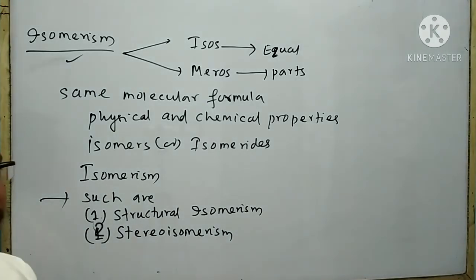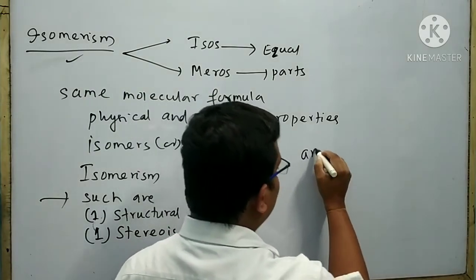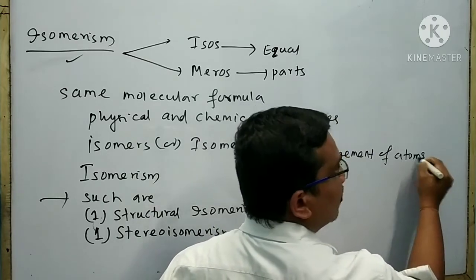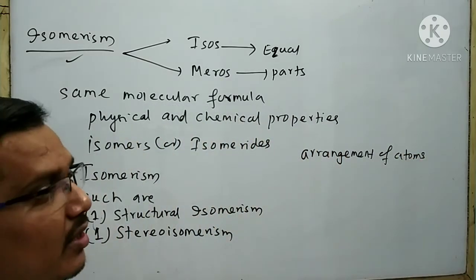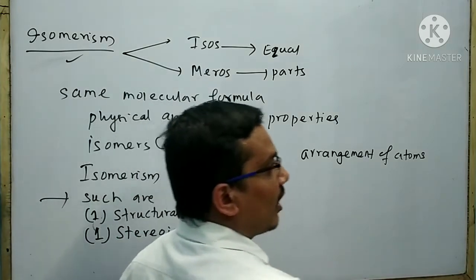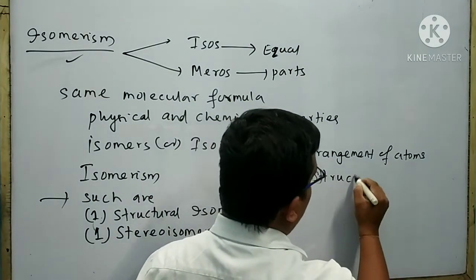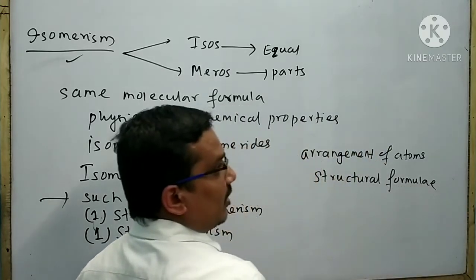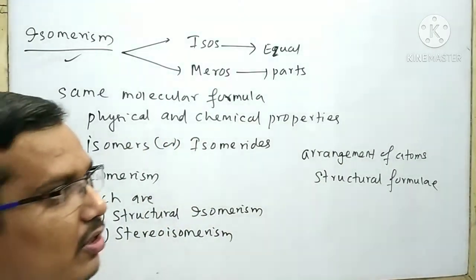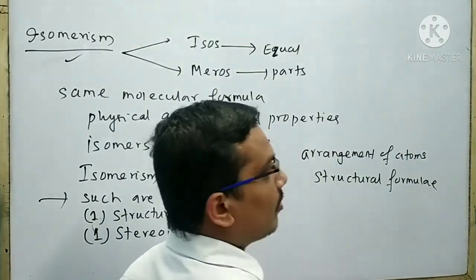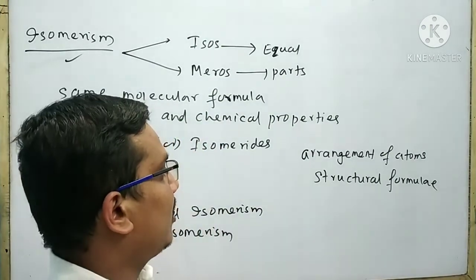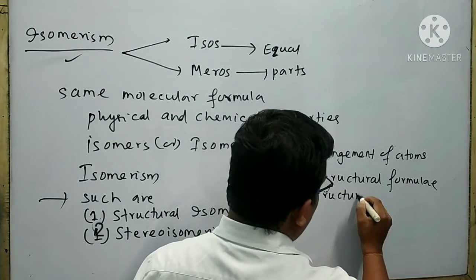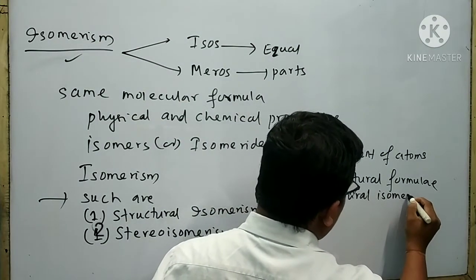The isomerism due to the arrangement of atoms within the molecule, resulting in several structural formulae, is called structural isomerism, and the compounds exhibiting structural isomerism are called structural isomers.